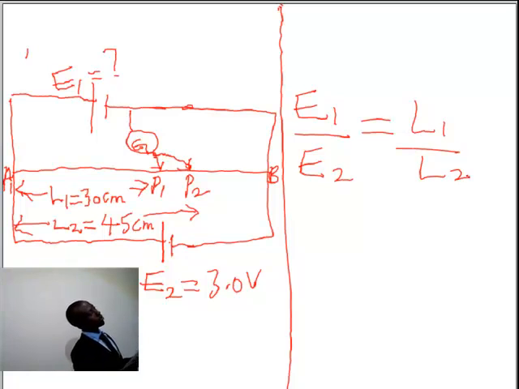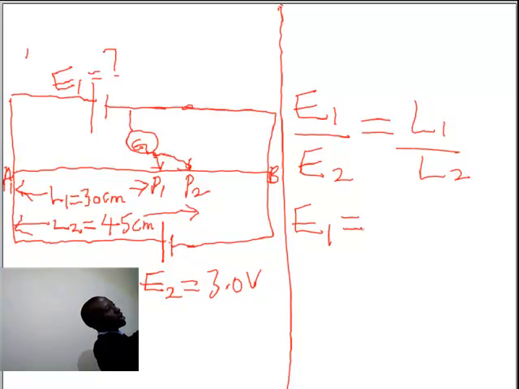Since E2 is equal to 3.0 volts and E1 is unknown, let's make E1 the subject of the formula. E1 equals L1 times E2 divided by L2.